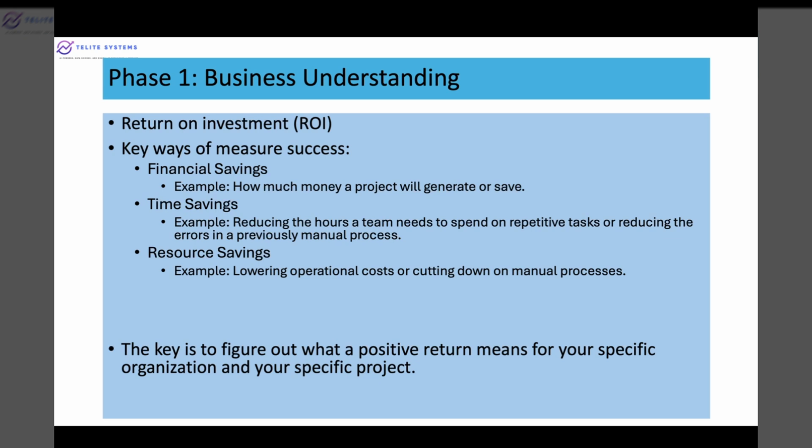Key ways of measuring success: one is financial savings, for example, how much money a project will generate or save. Then comes time saving, for example, reducing hours a team needs to spend on repetitive tasks or reducing errors in a previously manual process.